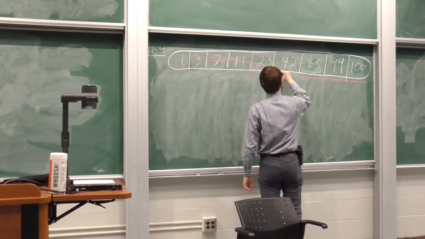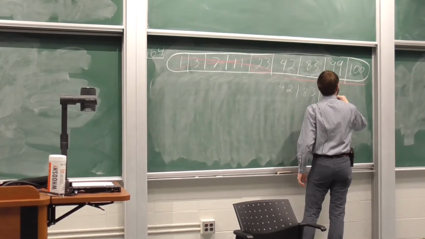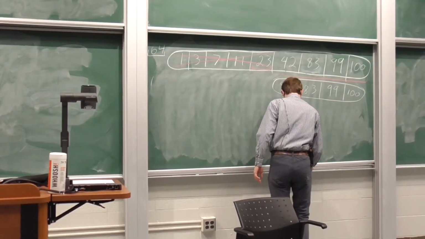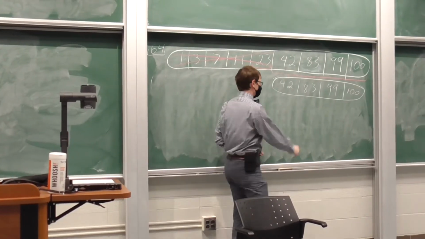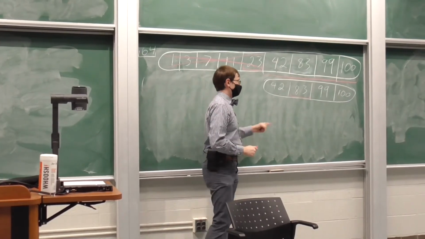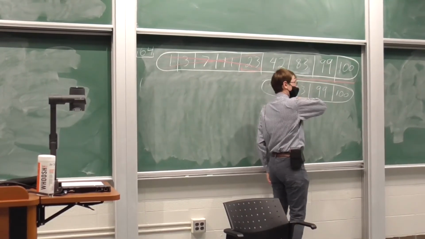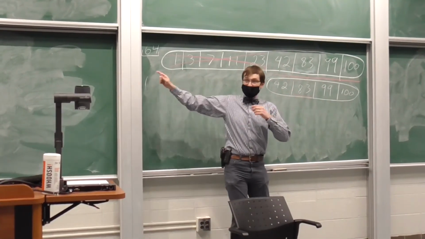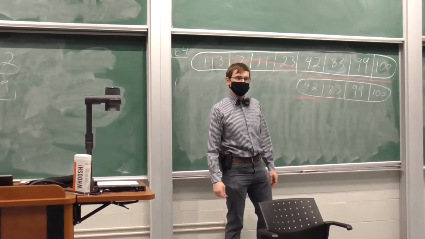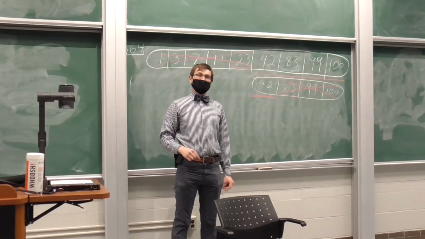Now we have 42, 83, 99, and 100. This is our new data structure. If we pick a value roughly in the middle, say 83, is this equal to 64? No. Is it greater than or less than? Greater than. So the number we're looking for has to be on this side, and we can exclude all of those numbers from consideration.